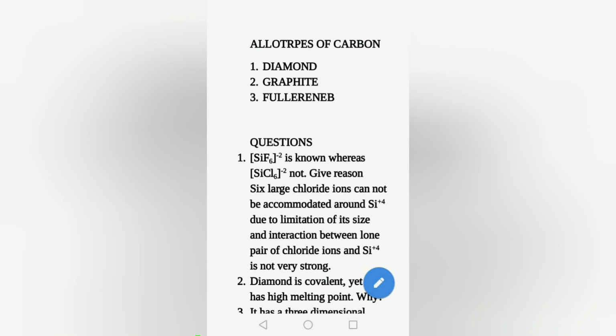It removes organic contaminants from filters and controls odor in air conditioning systems. Carbon black is used as a black pigment in black ink and filler in automobile tires. Coke is a good fuel and a good reductant, so it is widely used in metallurgical processes.